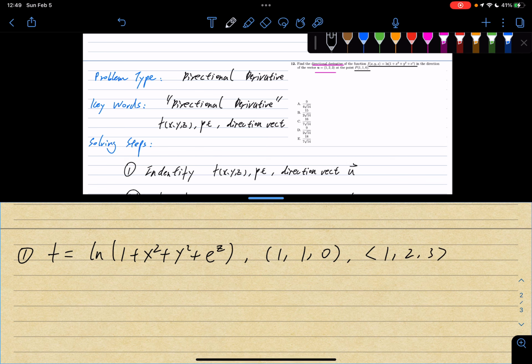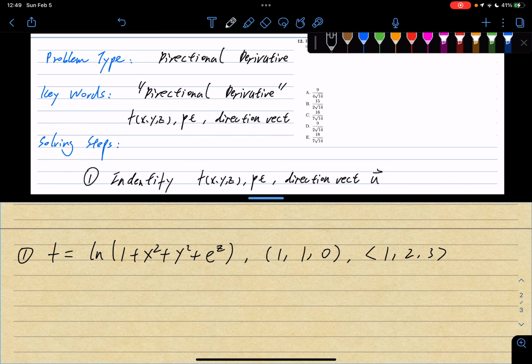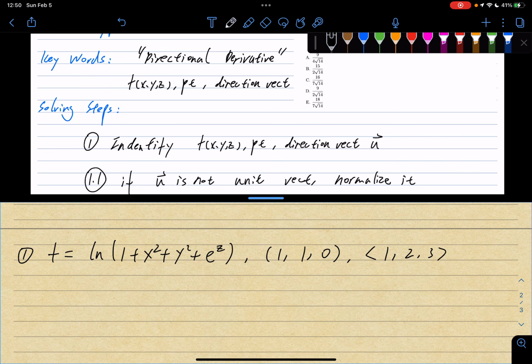But remember what we have talked about before. What's the special requirement of the directional vector? The directional vector has to be a unit vector. If it's not a unit vector, we need to normalize it.